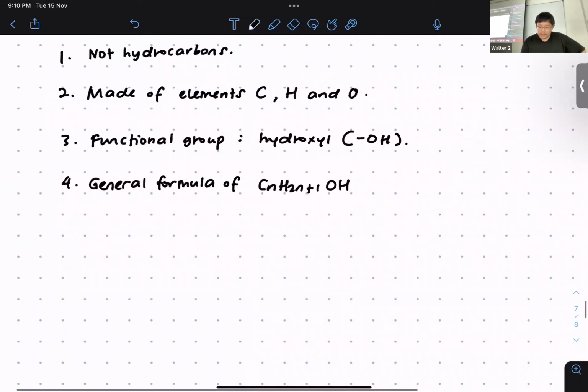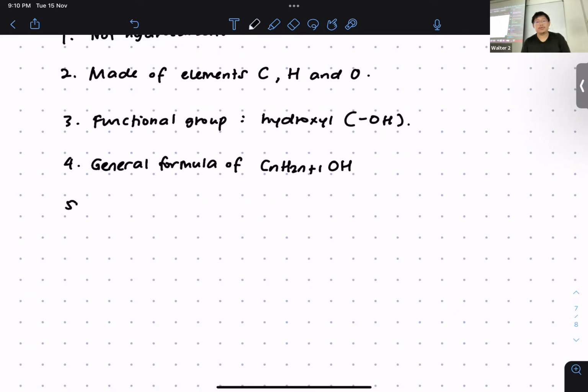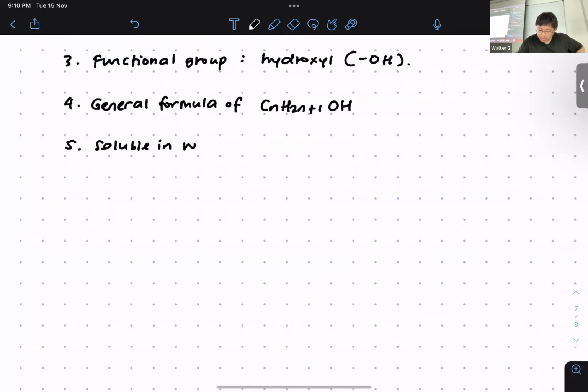Now this is the unique part about alcohol. Alcohol is soluble in both organic solvent and also water. So that's a unique thing about alcohol.